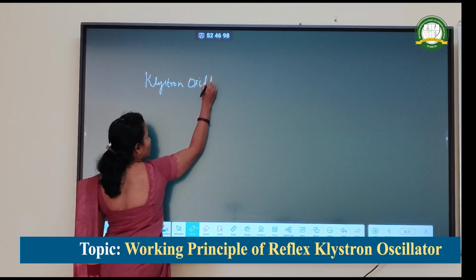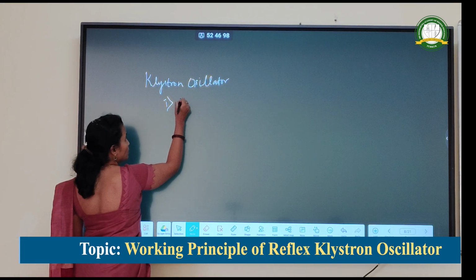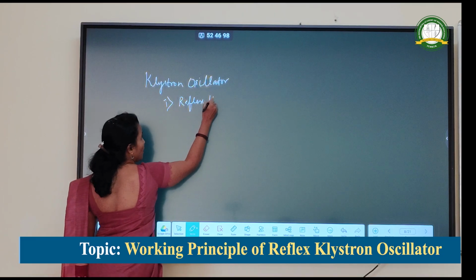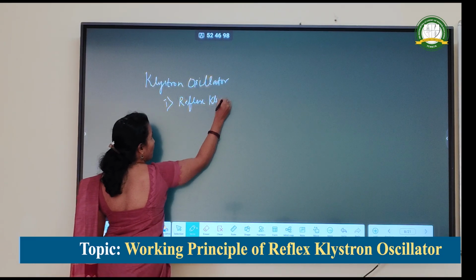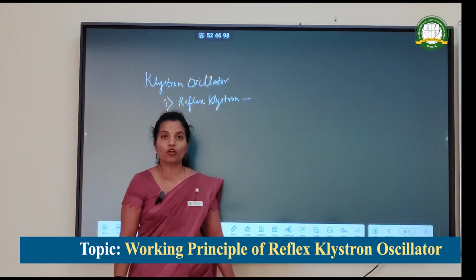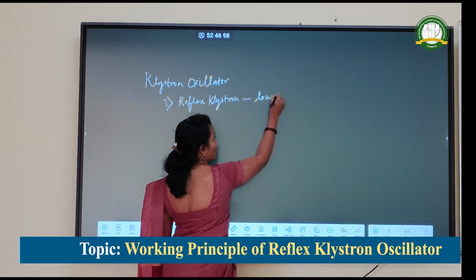Klystron oscillator is available in two configurations. One is Reflex Klystron, which is used for low power microwave oscillation production.